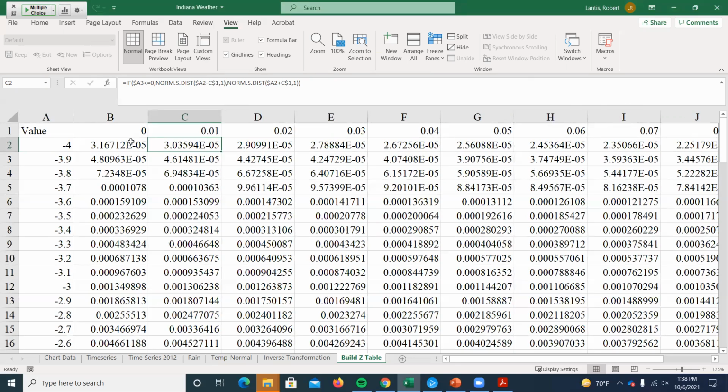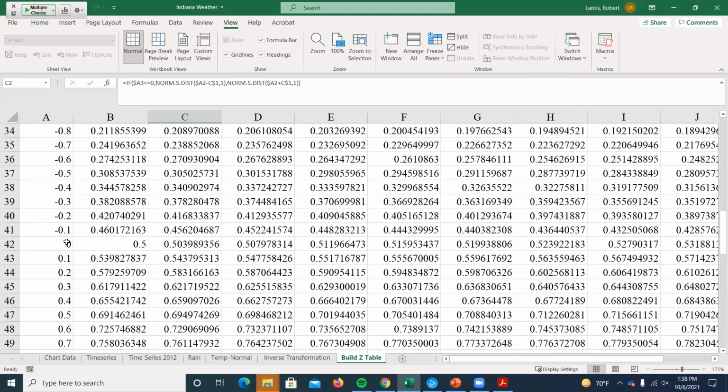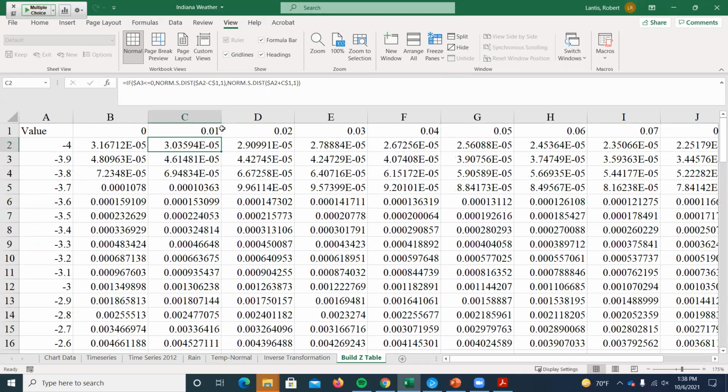So I want to show you a little bit of the power of Excel. I wouldn't expect you to ever do something as complicated as this in this class. But notice if I've got these different values, I'm trying to build this table, right? So here's my first decimal. Here's my second decimal, right?